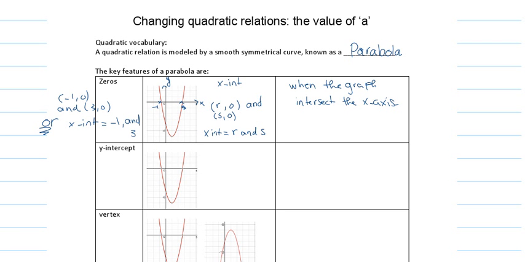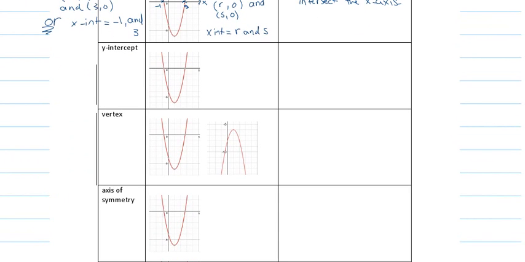Now we're going to talk about the y-intercept. The y-intercept, again, is when the graph intersects the y-axis. How many times does the graph intersect the y-axis? One time, right? So we see that it's intersecting the y-axis right here. That's when the graph is intersecting the y-axis.